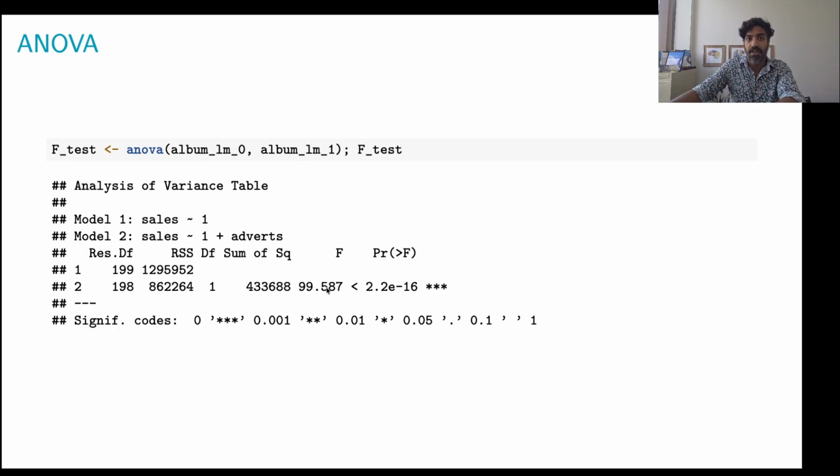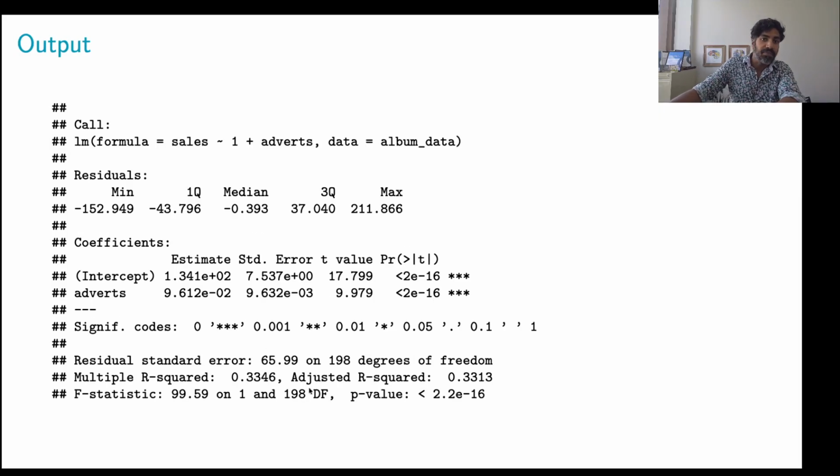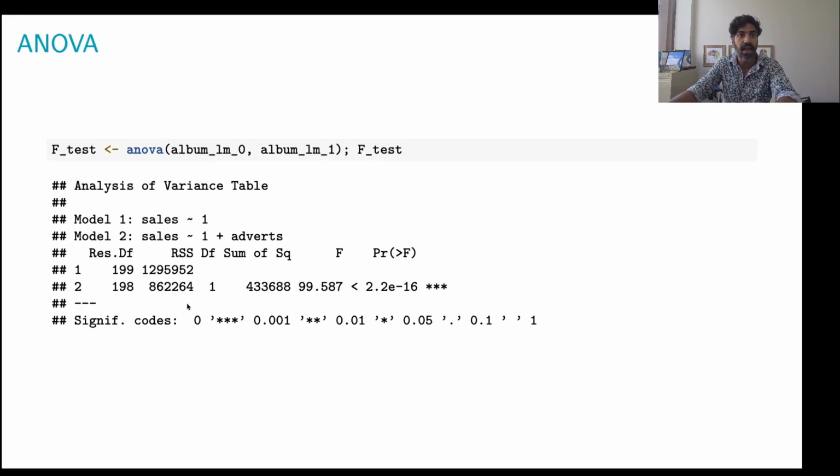So the F statistic is 99.587, 198 degrees of freedom, right? And the p-value is there as well, right? So all of that is obtained. The model itself runs the ANOVA automatically for you, but I just wanted to pull it apart to show you that you can pull that apart and understand where that comes from and what that means.